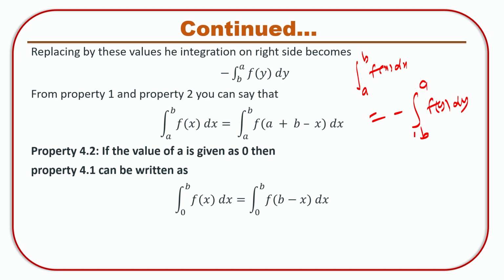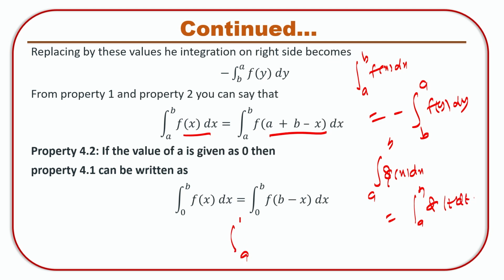Using the two properties at the same time, both integrations are the same, because we had already seen that the integral of phi(x) dx from a to b is equal to the integral from a to b of phi(t) dt, and that the integral of phi(x) dx can be written as minus the integral from b to a of phi(x) dx.